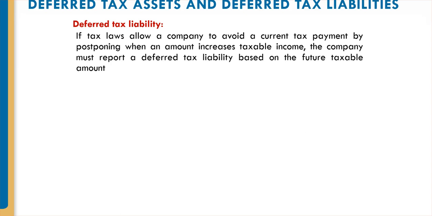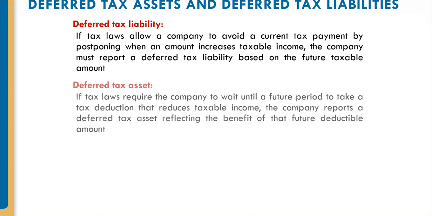A deferred tax liability means that you are going to have to pay something more in the future. That's what it really means. A deferred tax asset means that you are going to get a benefit in the future and you're not going to have to pay as much in the future.